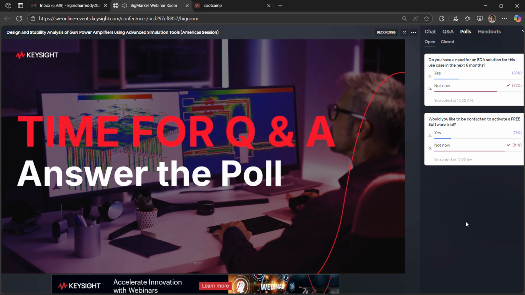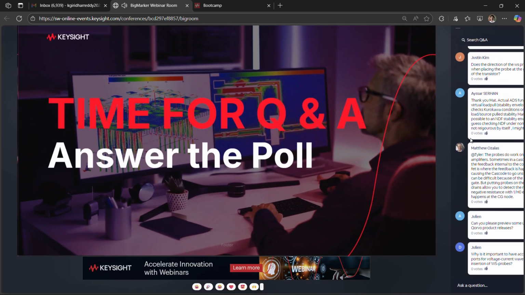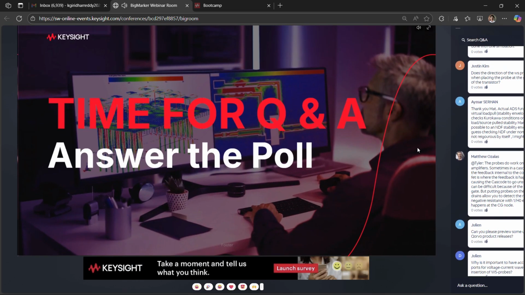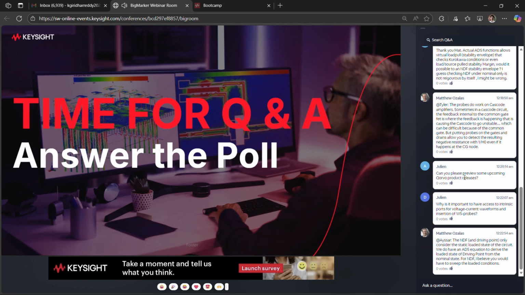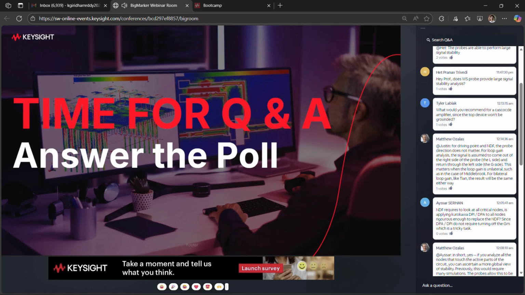And it looks like there are some questions that have come in for Larry from Monolithics. So the first question is, why is it important to have access to intrinsic ports for voltage current waveforms and insertion of WS probes? So access to intrinsic ports is really important for the following reason.